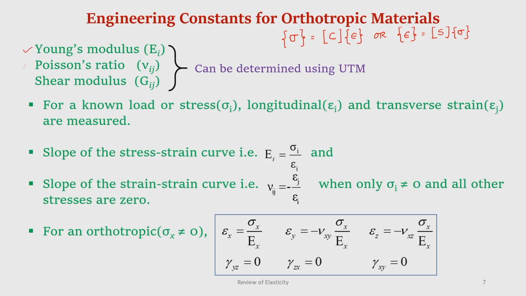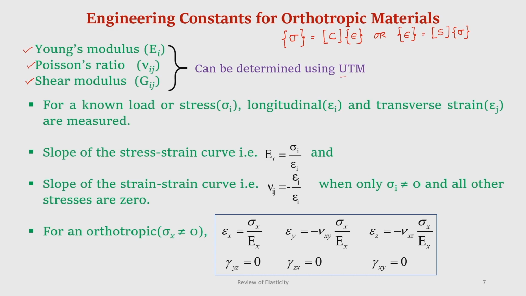For example, for a one-dimensional simple rod subjected to load, if we want to know the deflection, we must know E, and we know how to measure E, Young's modulus. So those are engineering constants. Young's modulus, Poisson's ratio and shear modulus are the engineering constants, and they can be measured in the laboratory using a universal testing machine.